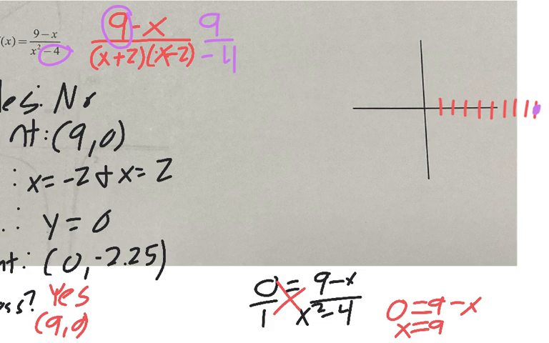So 9/0, I have a vertical asymptote at x equals 2, and I have a vertical asymptote at x equals -2. My horizontal asymptote is here. I know I have a y-intercept at negative 2.25.